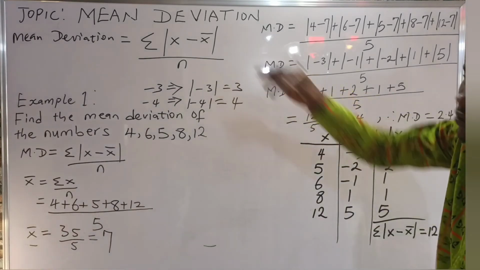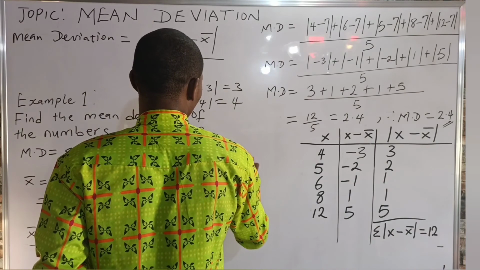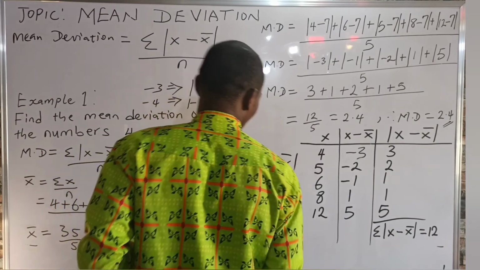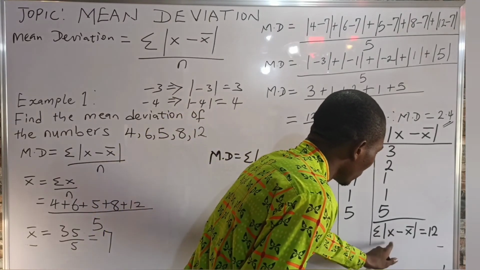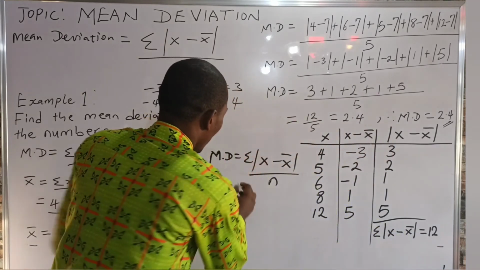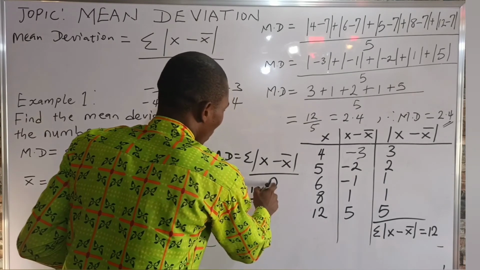Then let's come back to our formula. Remember, mean deviation is given by the summation of the absolute value of x minus x bar all over n. The summation of the absolute value of x minus x bar is automatically 12, so here we have 12 all over our n.